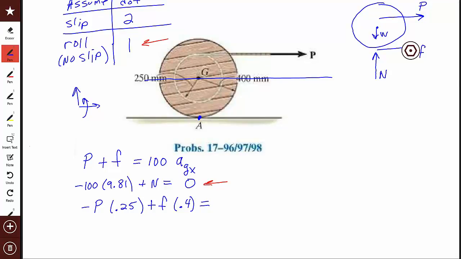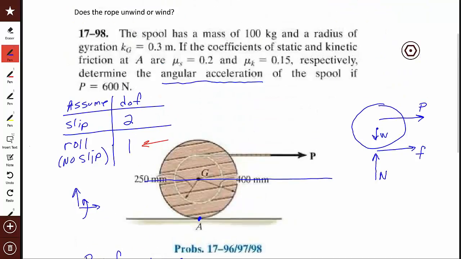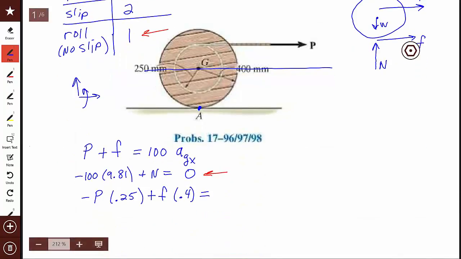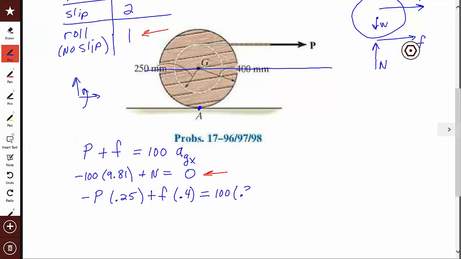The moment of inertia is always around the point that you are taking the moments around, so that will be G. Now if you notice, they give me the radius of gyration. The relationship to that and the I is that I is equal to mass times k squared. So this would be mass, 100, times the radius of gyration of 0.3, quantity squared.